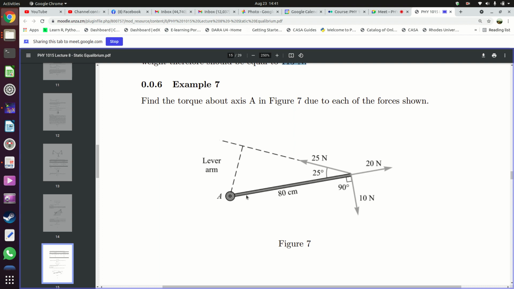So you get this length. This is the 80 centimeters. Then you multiply it by the sine of this angle. When you do that, you're going to get your lever arm. Once you have your lever arm times the force, this gives you torque. Are we clear?